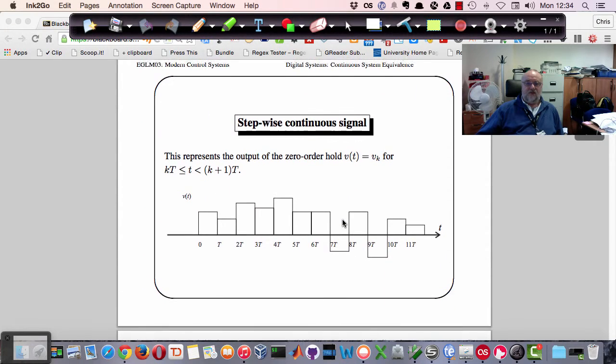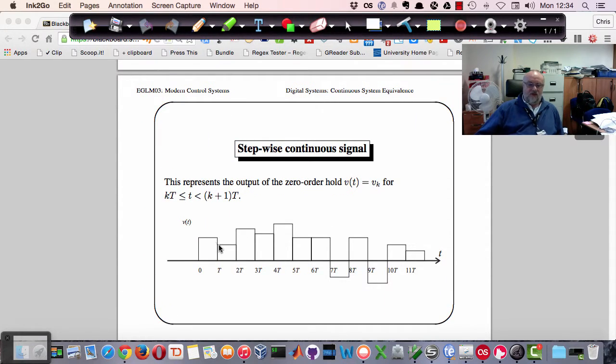It's easy to see this from a picture. So here is a typical picture. If I take a pen here and just consider what happens here, that's kT.